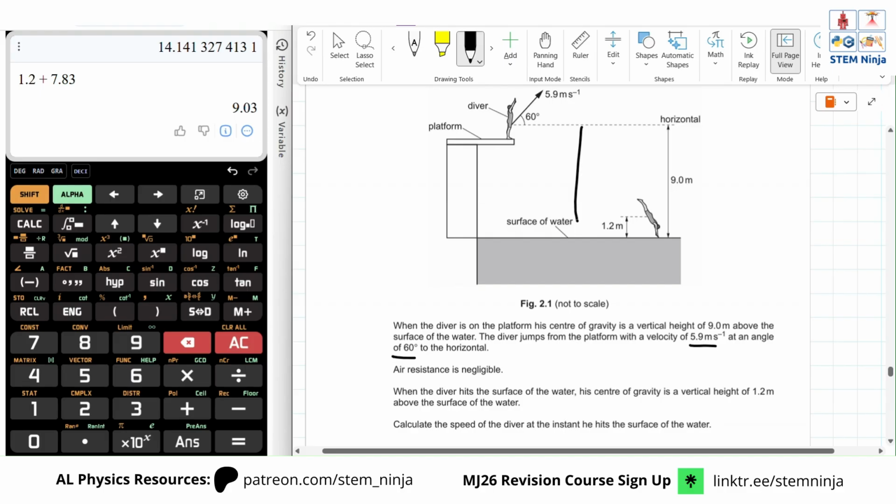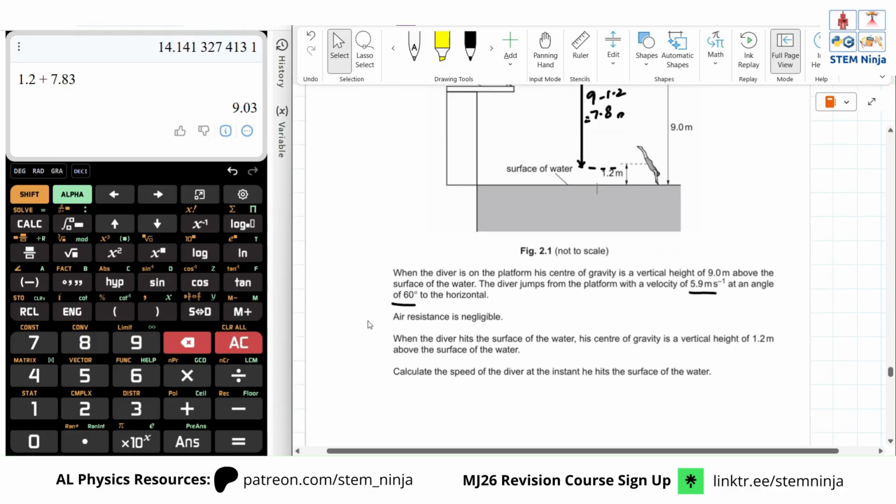So 9 minus 1.2, 7.8 meters. Since we are doing the center of gravity, the center of gravity actually covered 7.8 meters.